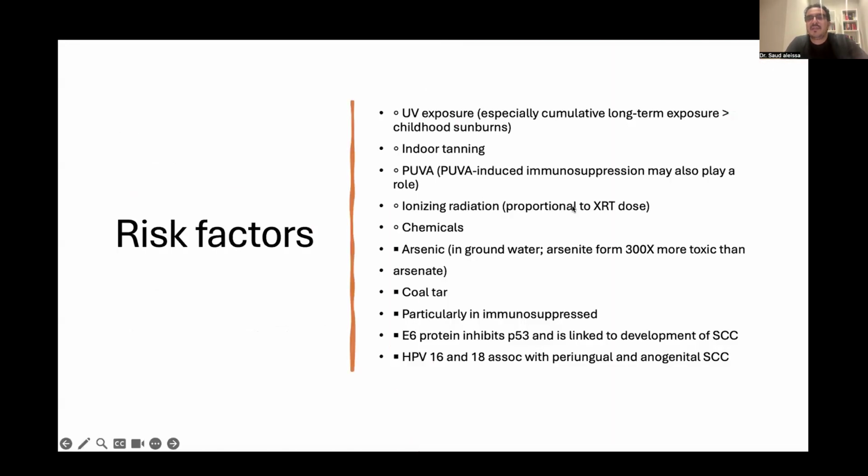Risk factors, UV exposure. وهذه مهمة cumulative long-term exposure. Okay, versus melanoma لا intermittent exposure. Indoor tanning, PUVA as well. We don't use it as much.